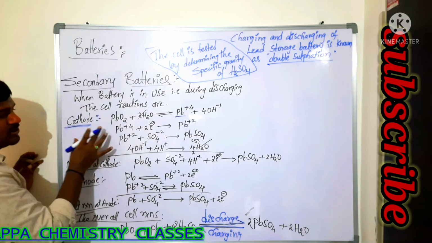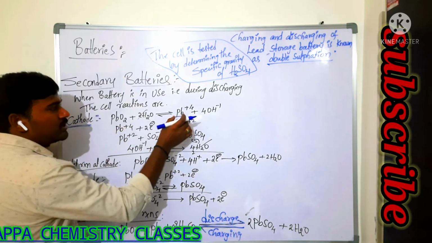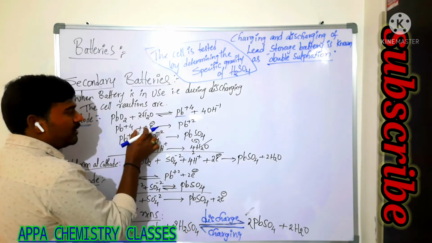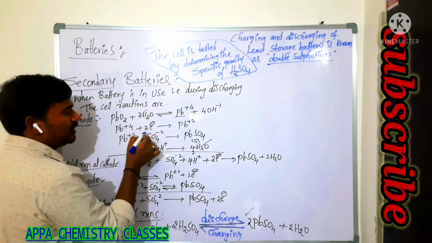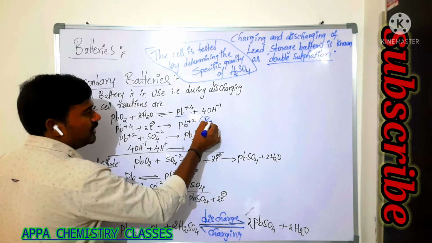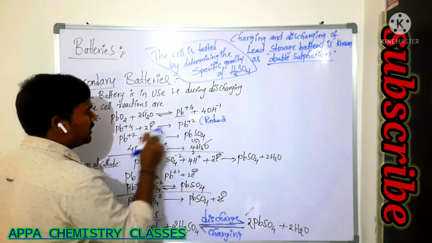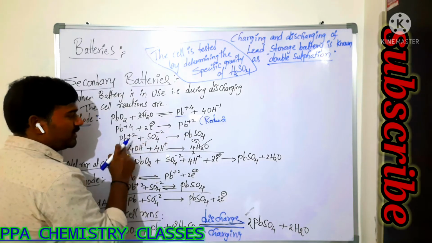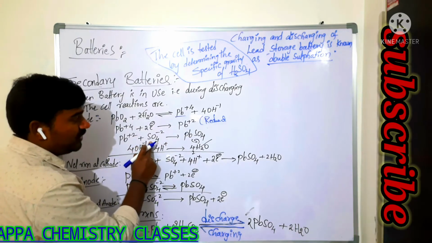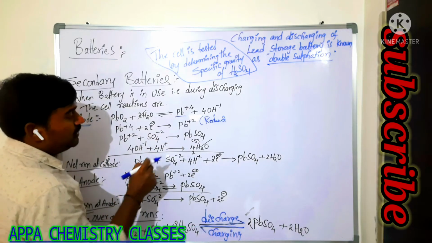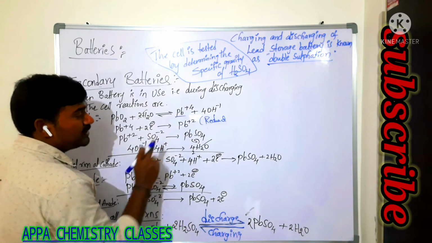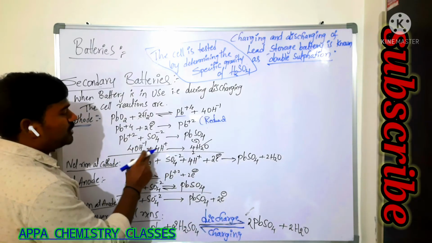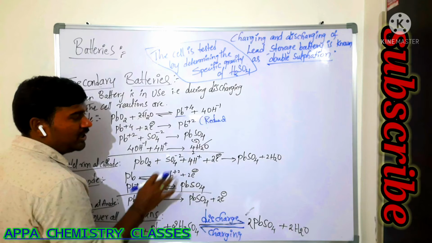All these reactions take place at the cathode. The Pb4+ ions react with 2 moles of electrons, and gain of electrons is called reduction, which takes place at the cathode. The Pb2+ ions we got, the plumbous ions, will react with the sulfate ion present in aqueous sulfuric acid and convert to lead sulfate. And we have water molecules also: 4 OH minus ions plus 4 H plus ions give 4 water molecules.